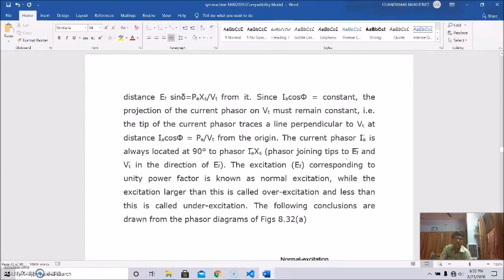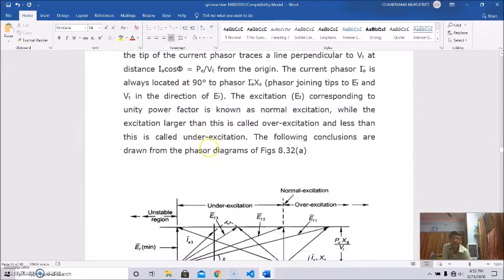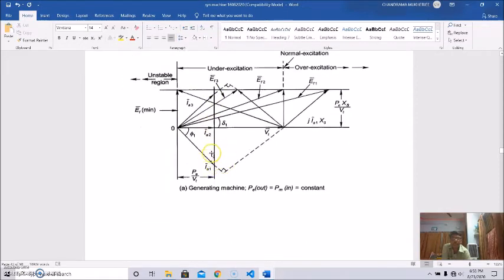Since Ia cos phi is constant, the projection of the current phasor on Vt must remain constant. The tip of the current phasor traces a line perpendicular to Vt at a distance Ia cos phi equal to P by Vt. So this is the tip, on a line perpendicular to Vt at a distance of P by Vt.